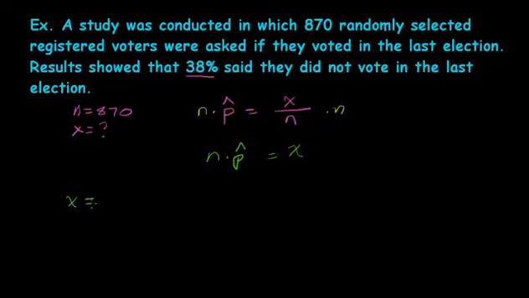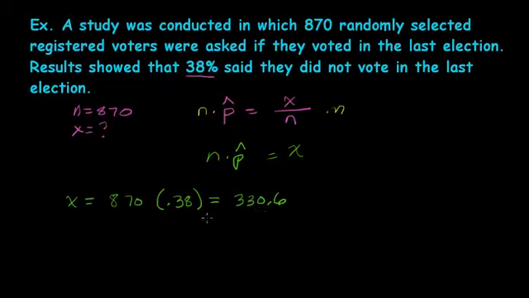x, because that's what the calculator needs, we have to enter x. Okay, n was 870, and p hat, as a decimal, 0.38. Or, in other words, think of this: it says 38% of 870 is the number that said they did not vote in the last election, which is what we're looking for. Well, when we do this, we get 330.6.